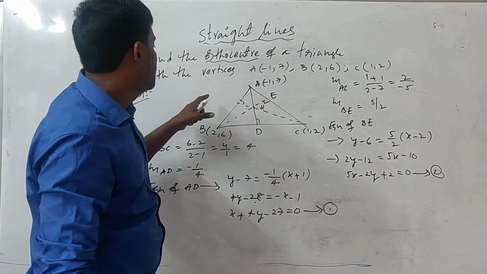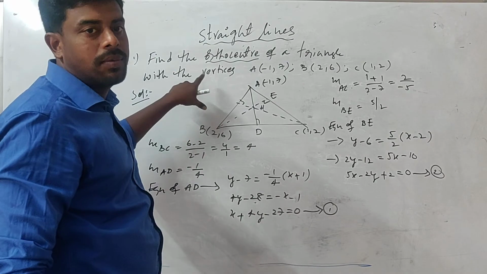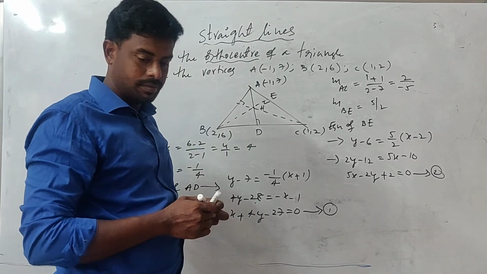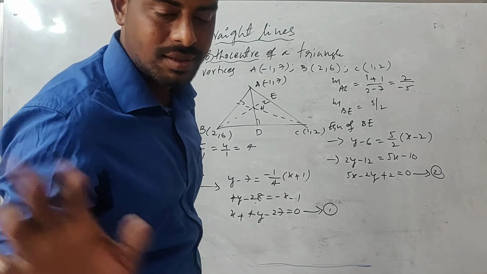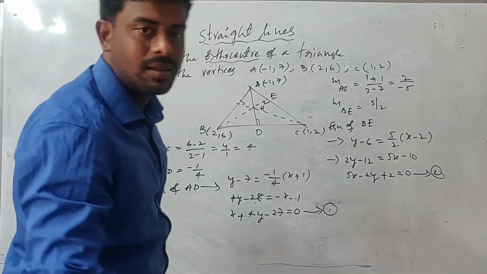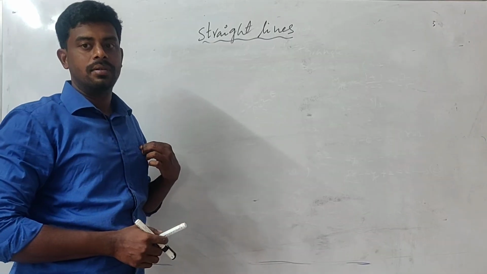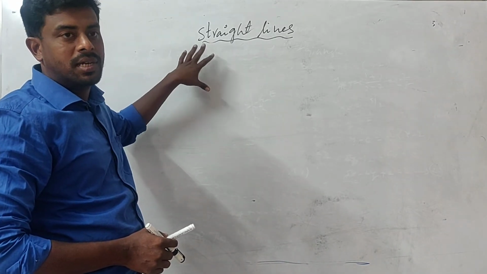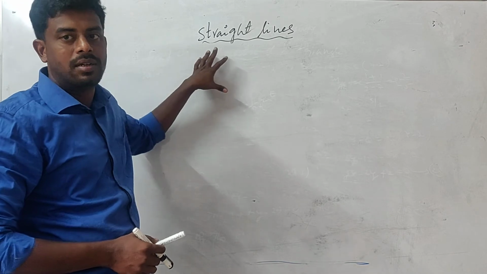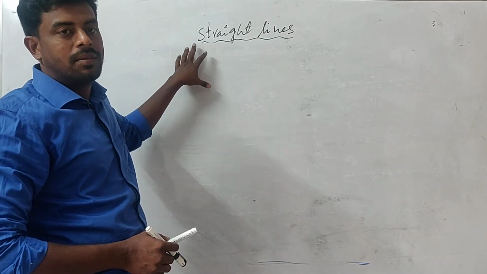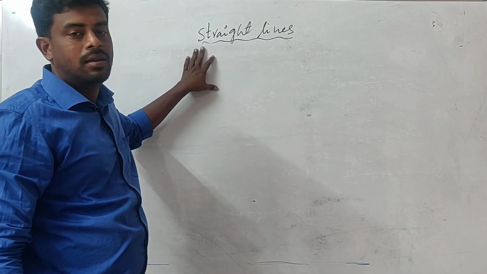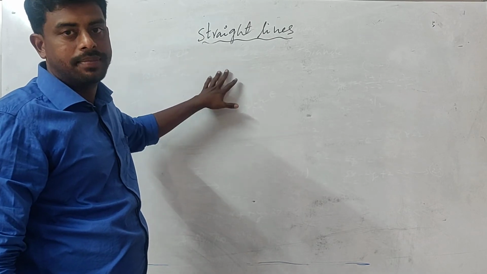This is the way of finding the orthocenter when three vertices of a triangle are given. The circumcenter is also found in the same way; it is the point of concurrence of the perpendicular bisectors of a triangle.